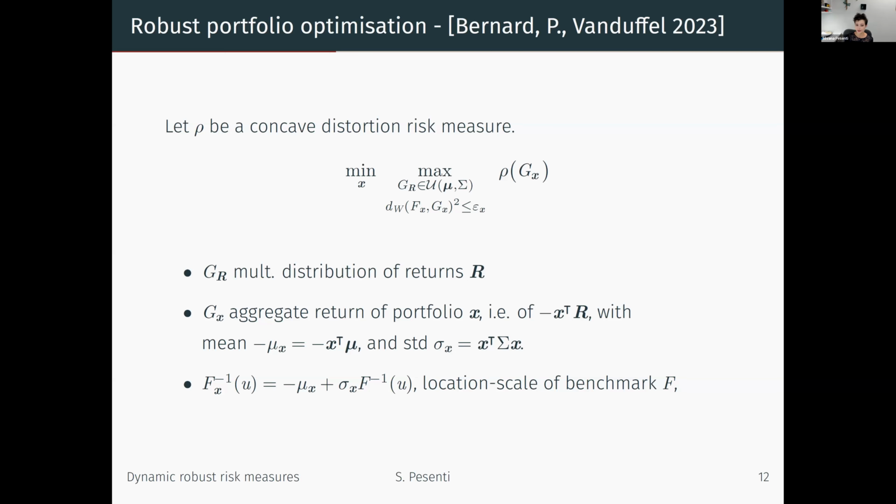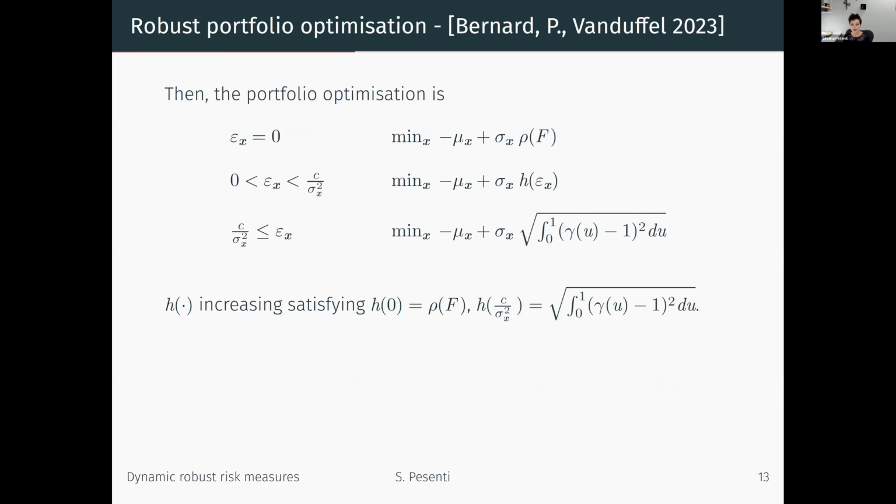If you look at this problem, you can get some quite nice formulas. If epsilon is 0, then you have to find a portfolio X that minimizes minus return plus sigma times the risk measure of F.